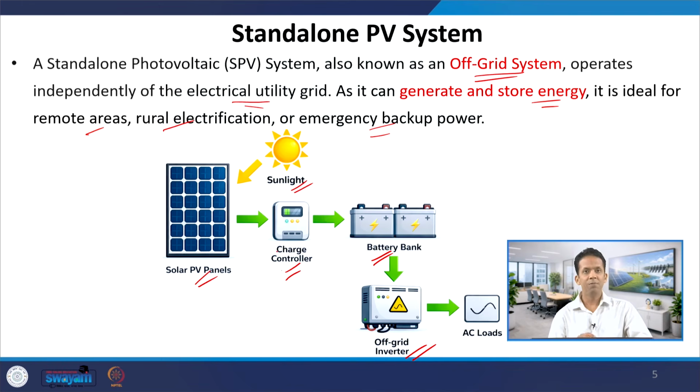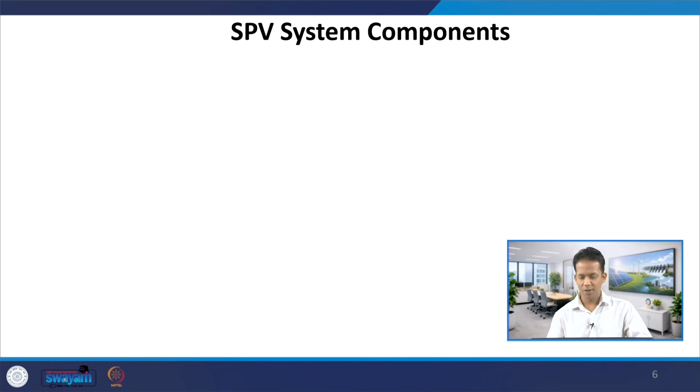The charge controller ensures the batteries do not get overcharged or discharged beyond their capacity. So, it acts as a protecting device for the battery bank. The off-grid inverter, charge controller, battery bank, as well as solar PV panels would all be kept at a similar voltage level to reduce losses.